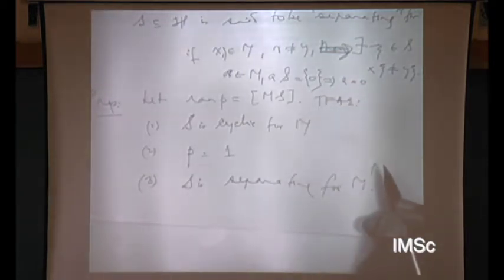If an operator in M kills everything in S, it can only do so by virtue of having been the zero operator. So that is the more natural way to state this condition.